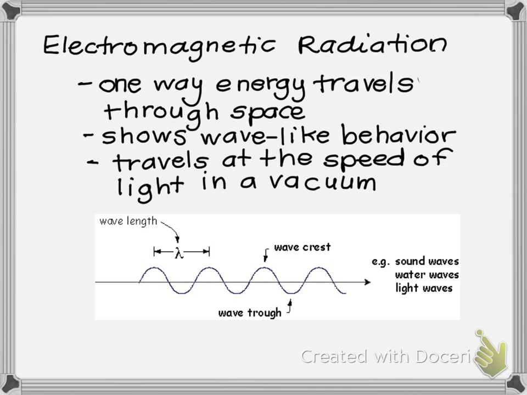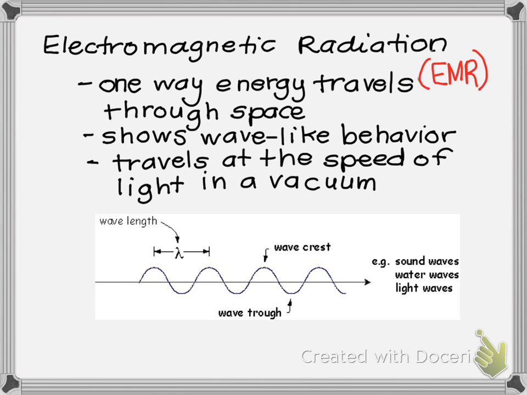Now, electromagnetic radiation, which can also be abbreviated EMR, is one way that energy travels through space. And in this course, we're just gleaning a few of the words that will help us understand a little bit about the electrons.